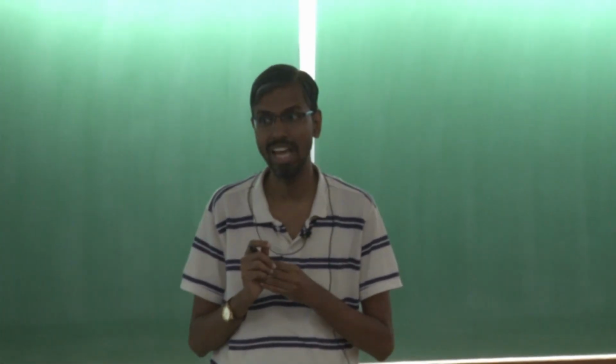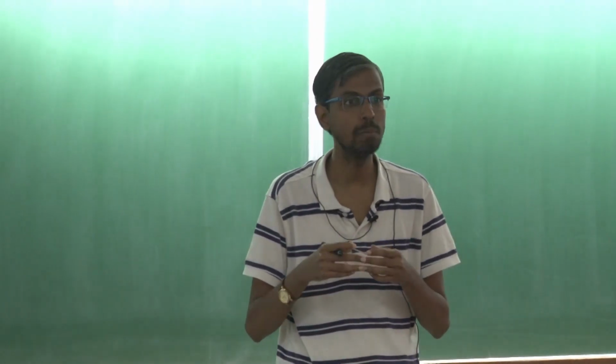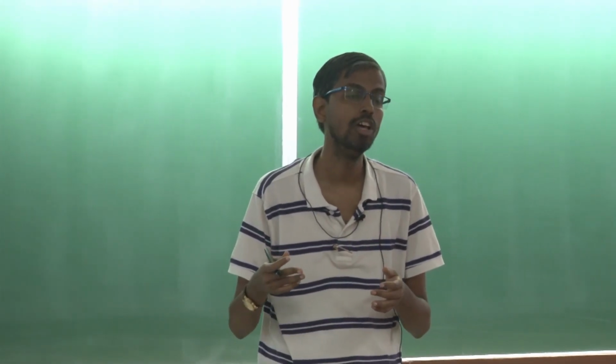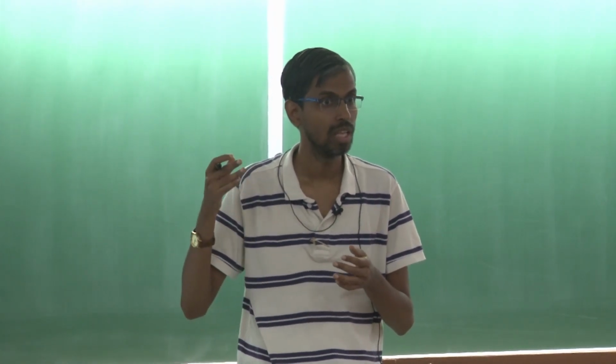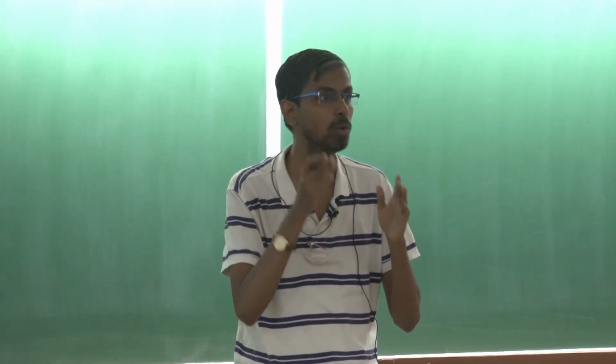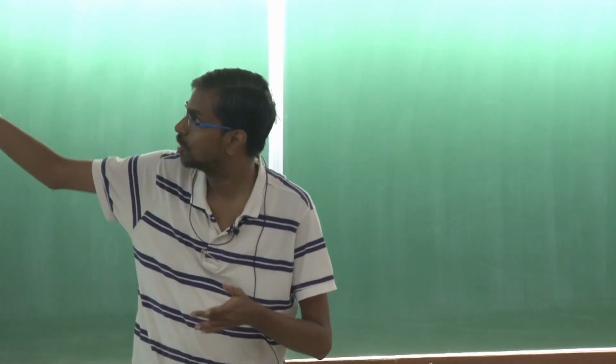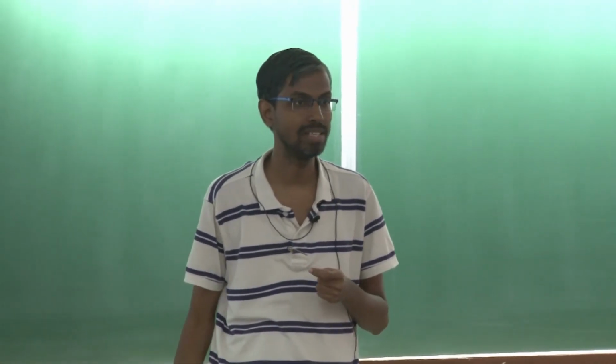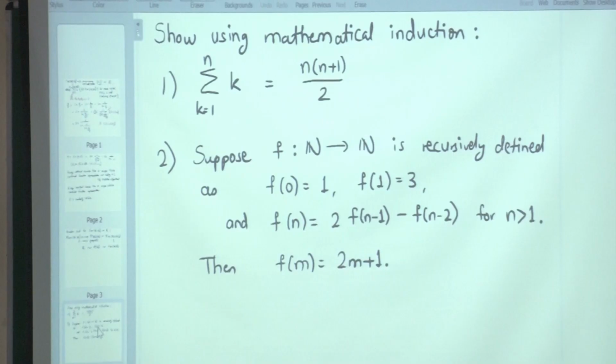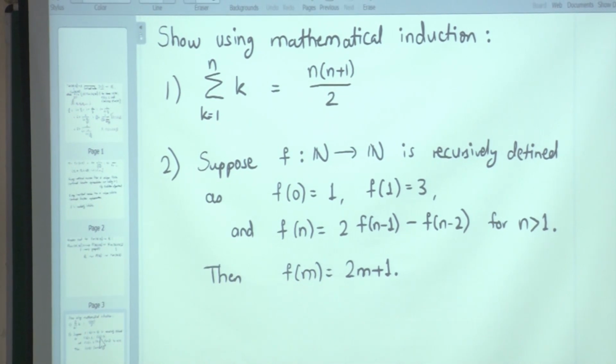At that same time, we said that to define something for all natural numbers, we need recursion, and to prove something for all natural numbers, we need induction. So this is the exercise for induction. What are the main steps that you had to prove?